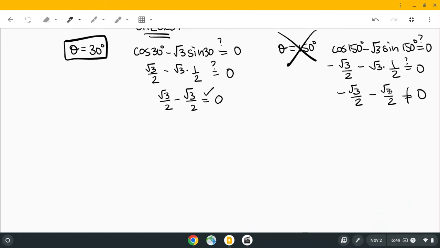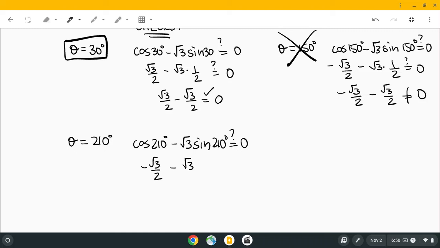Okay, the other one is 210 degrees. So let's check this one. Cosine of 210 degrees minus square root 3 sine 210 degrees. Does this one equal 0? Cosine 210 degrees, that's on the negative side. So that's negative square root 3 over 2.